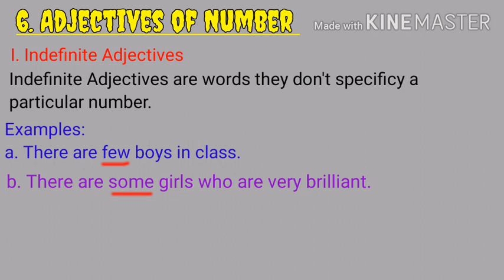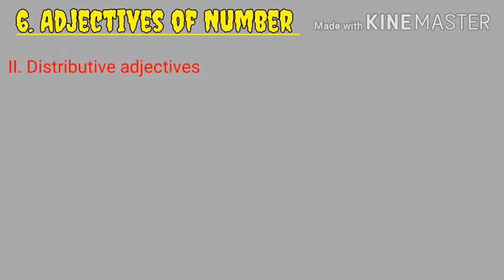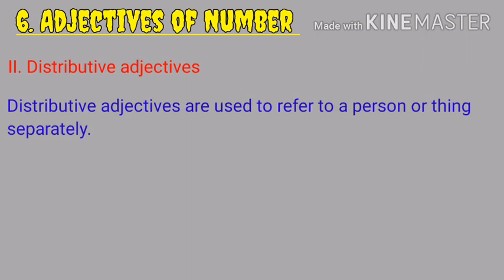Now let us see the second type of adjectives of number, that is distributive adjectives. So what are distributive adjectives? Distributive adjectives are used to refer to a person or thing separately.